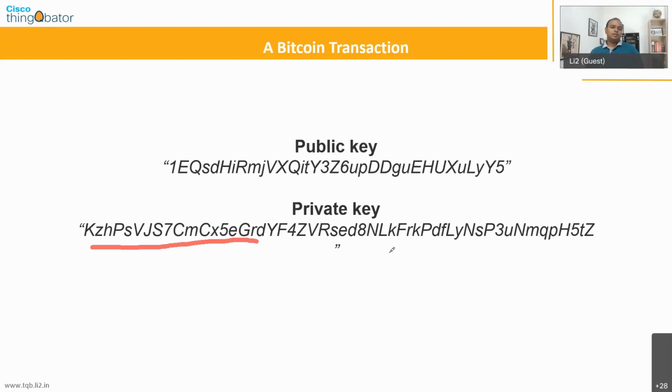And then comes the paper wallet. Paper wallet is the cheapest and can be considered one of the safest ways of storing. In a soft wallet, your phone might get corrupted and you might lose your wallet. With a hard wallet, you might lose the hardware device storing your token, and you lose all your currency. With a paper wallet, you can just take a printout of this private key on paper and store it somewhere safe, right?